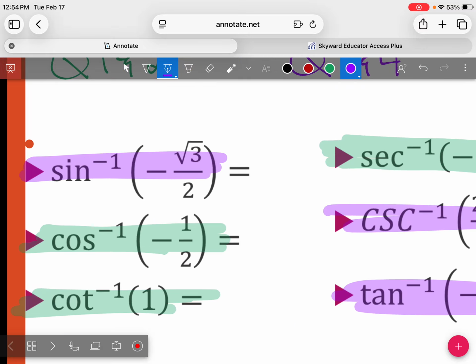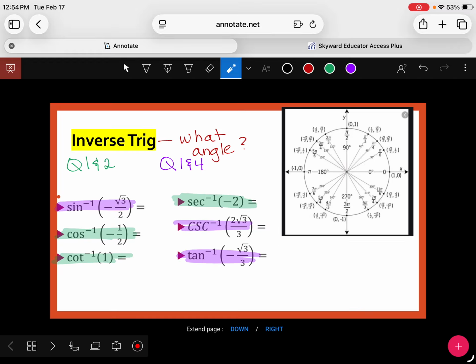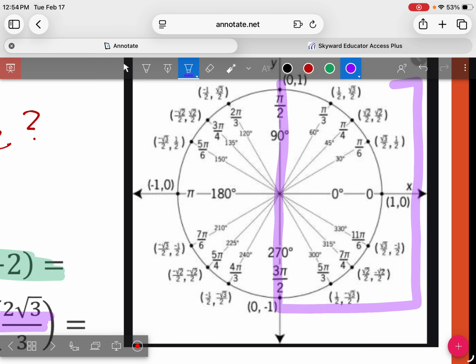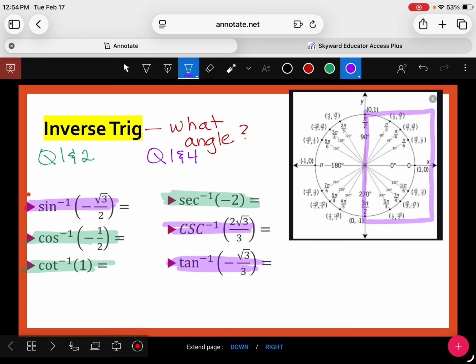This is asking you what angle has a sine of negative root 3 over 2. Again, I'm only looking here. So what angle has a sine of negative root 3 over 2?